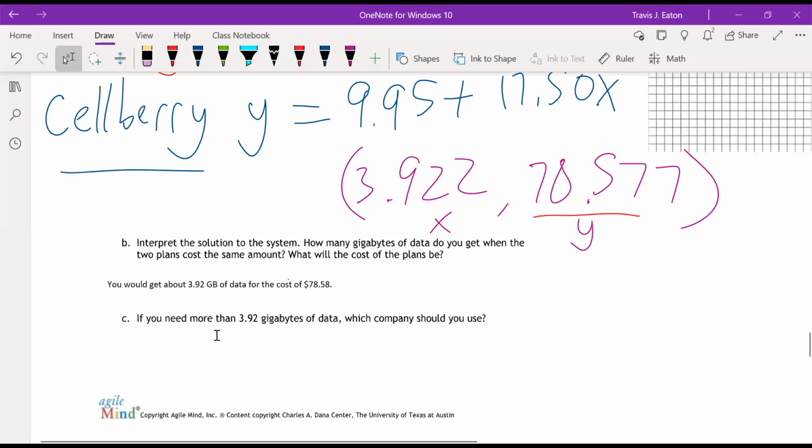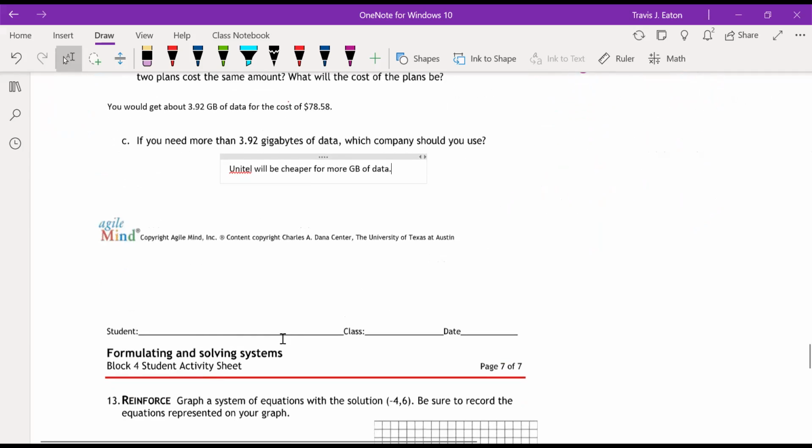So Unitel is the clear answer because they will be cheaper for more gigabytes of data. Okay, perfect.